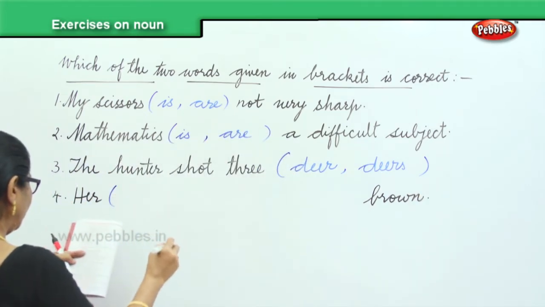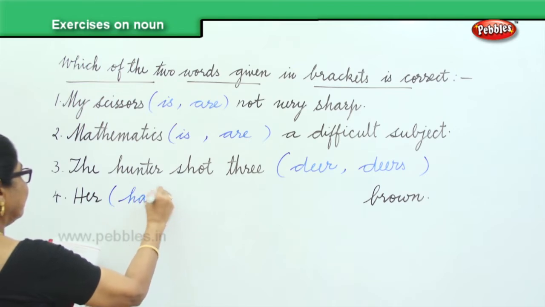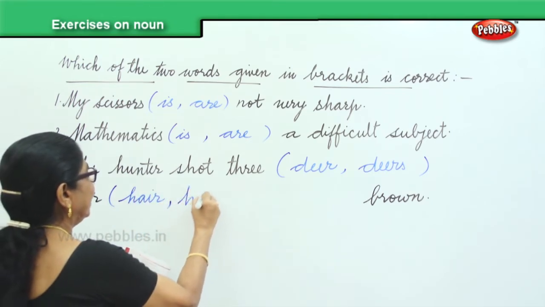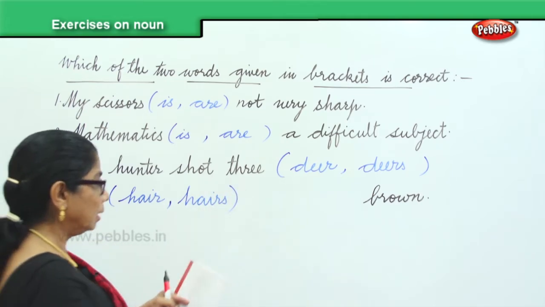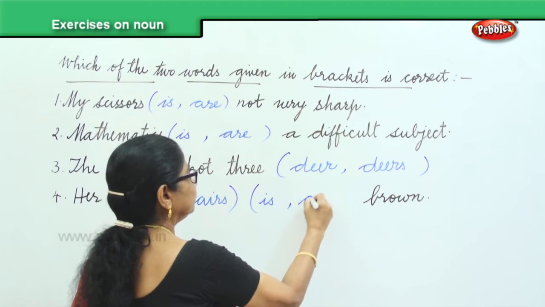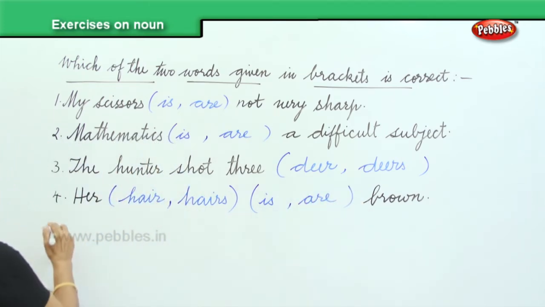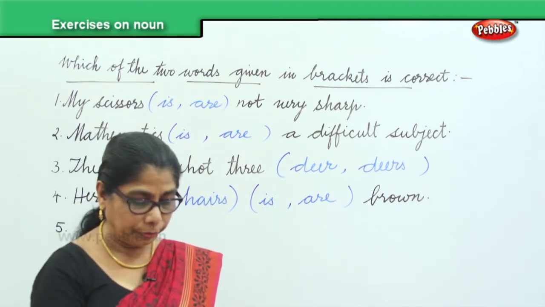Her, we have hair, then we have has. Another two are S and R. But all the words, when it comes to striking off which one, we must be careful.